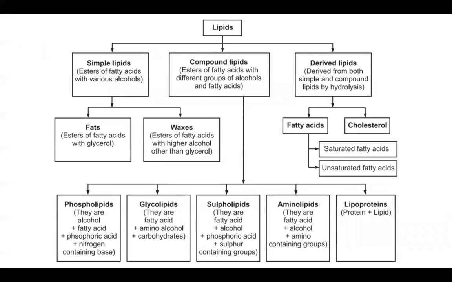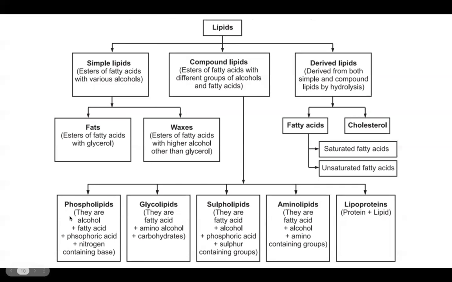If we talk about the lipids classification, they are classified as simple lipids, compound lipids, and derived lipids. Simple lipids, esters of fatty acids with various alcohols that include fats and waxes. Compound lipids, esters of fatty acids with different groups of alcohols and fatty acids.